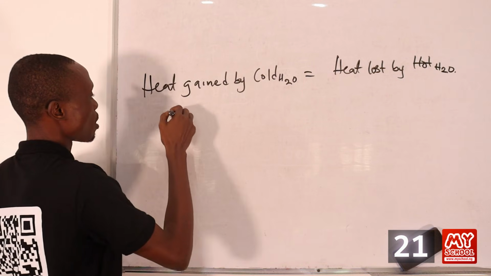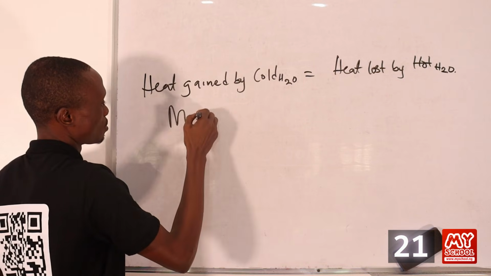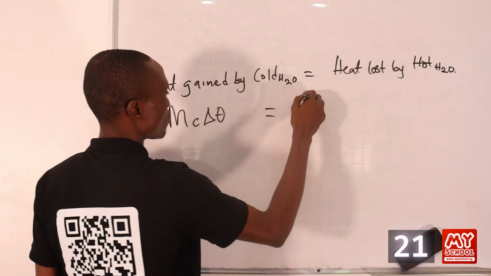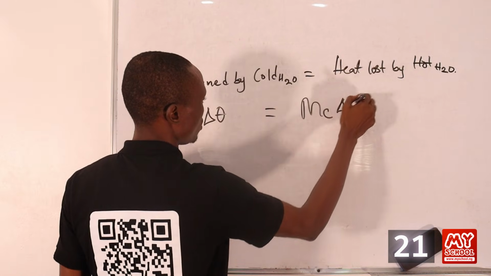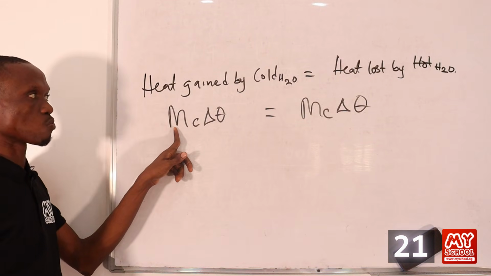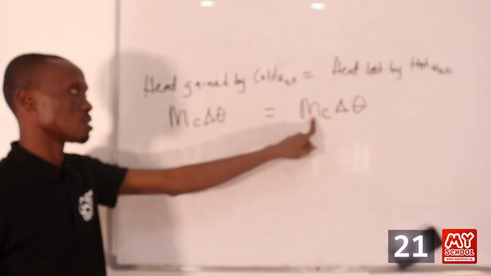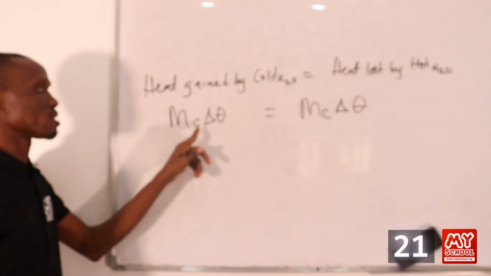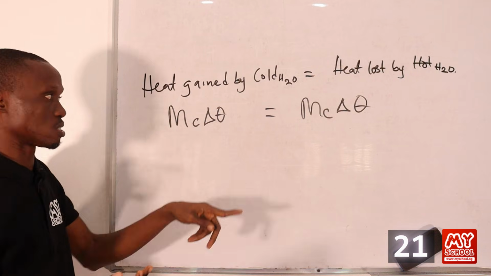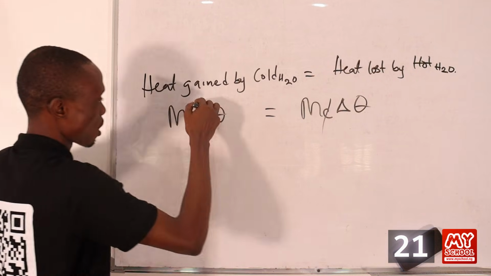Okay, so here we'll be having mc change in theta over here, and here we'll also be having mc change in theta, right? So m here represents the mass of cold water, while m here represents the mass of hot water. While c here represents the specific heat capacity of water, which is the same. So in this case, it cancels out, right?